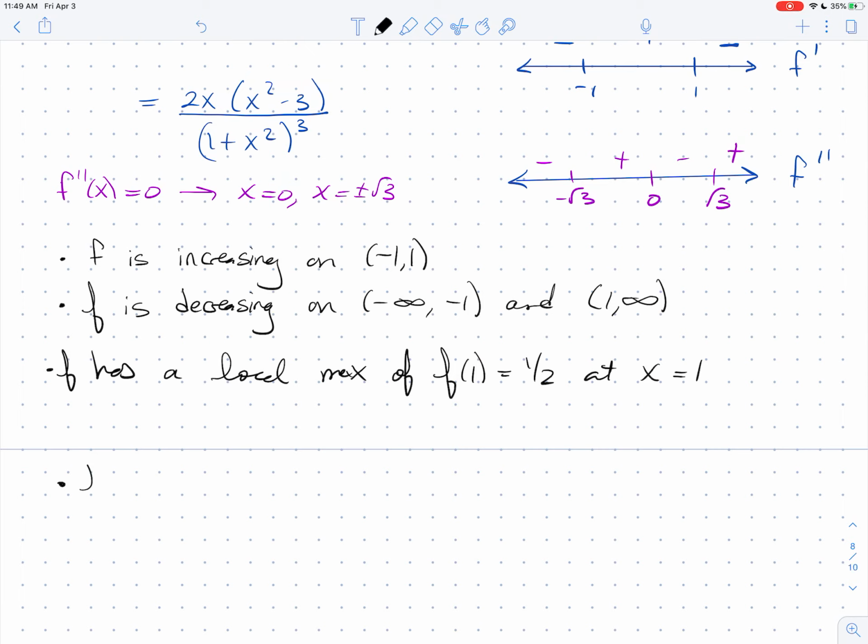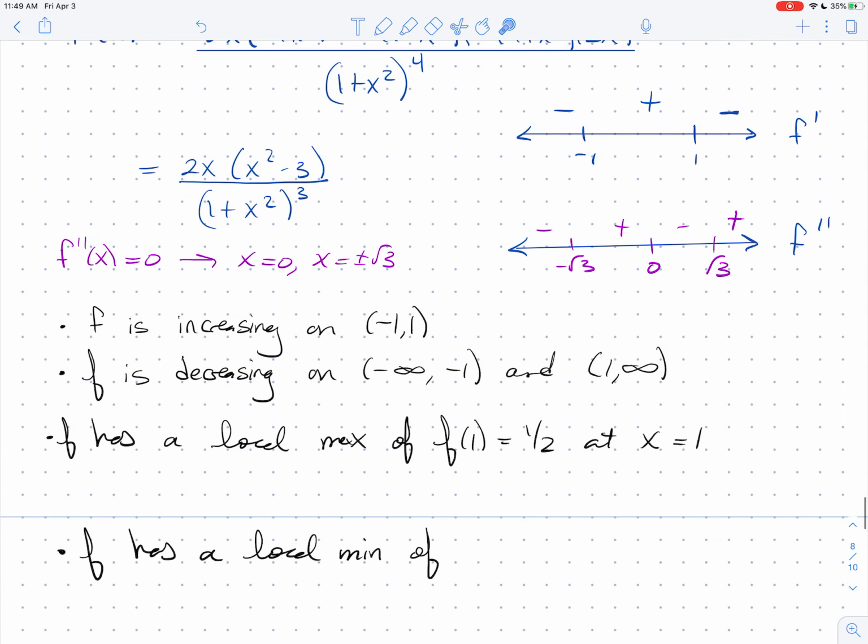I'm going to have to switch pages here, that's fine. So f has a local min of, the local min is right here, right? So local min of f of minus 1 equals minus 1/2 at x equals -1. And that's everything the first derivative is going to tell me.